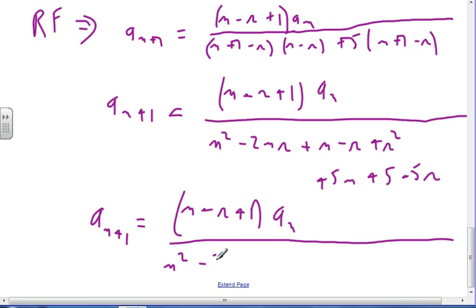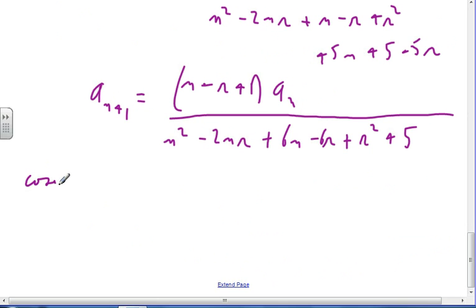I have a minus 2nr. I have a 6n. I've got a minus r plus minus 6r. I have a minus 6r. I've got an r squared, and I have a 5. That does not look promising, does it? Okay, so case 1. R equals 0.